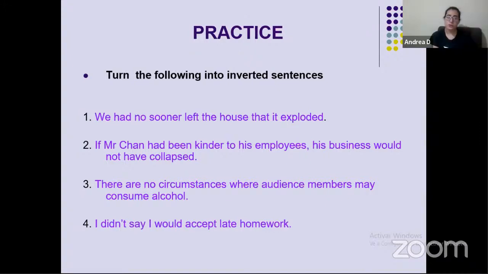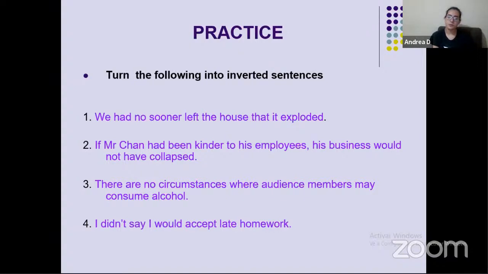It's okay that you're starting with no sooner, but there wasn't an inversion there, right? No sooner we had left, it's just the auxiliary had. You keep the same one, so had. Oh, yes. No sooner had we left the house than it exploded. Great.